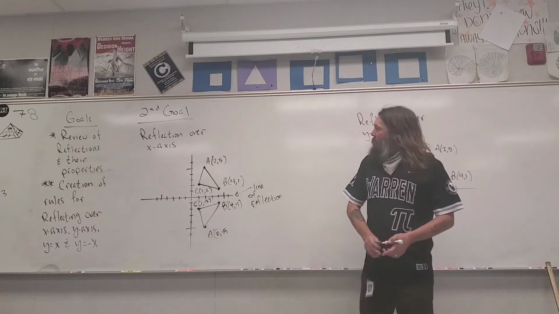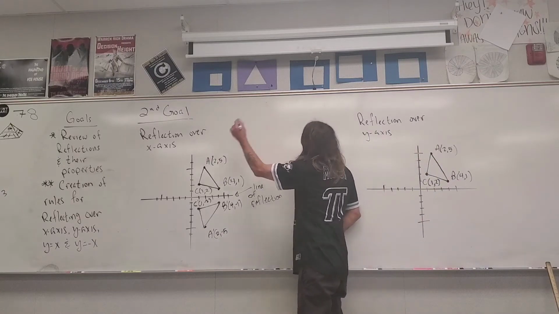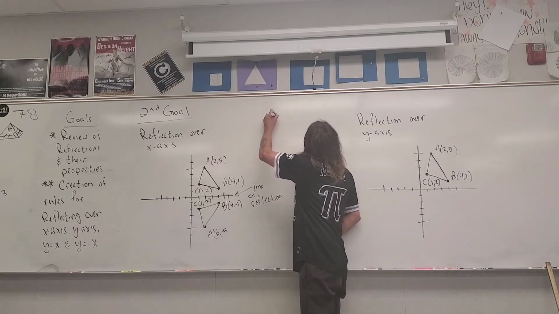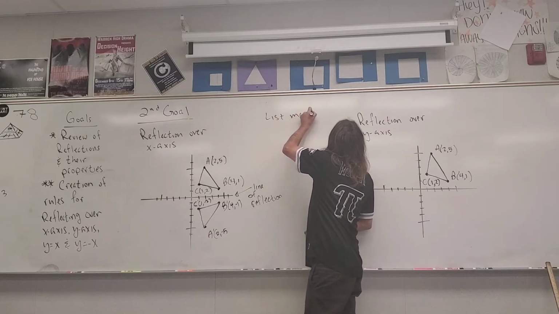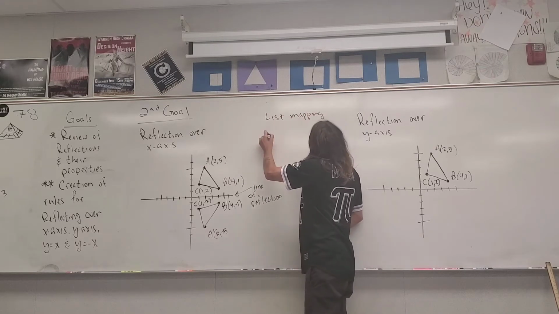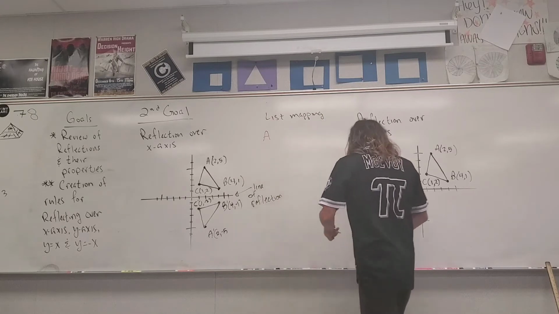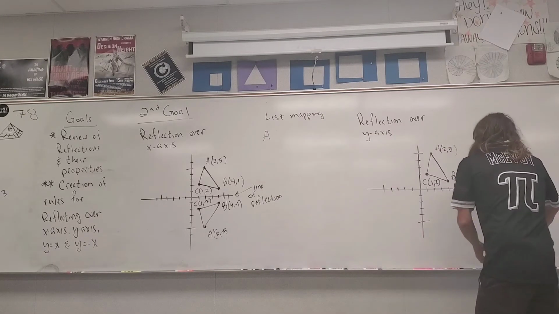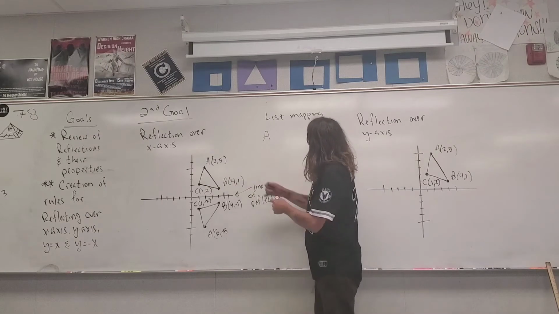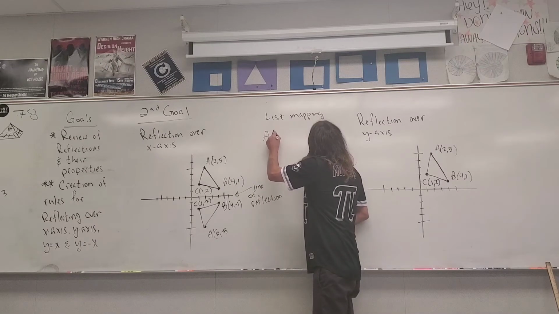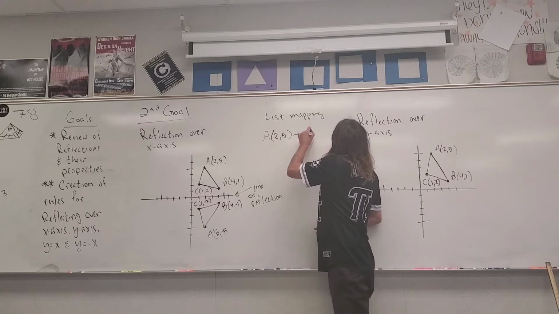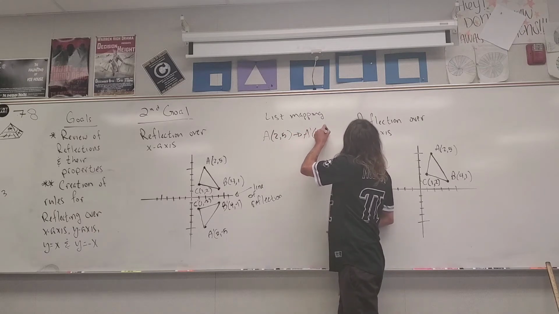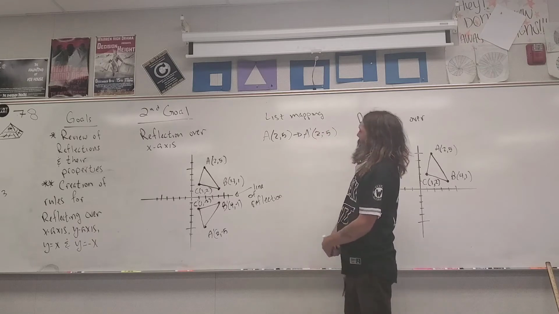And so I'd like to list the points here to try to create the rule. List the mapping. Sorry. So A, which was (2, 5), mapped to A prime, which was (2, -5).